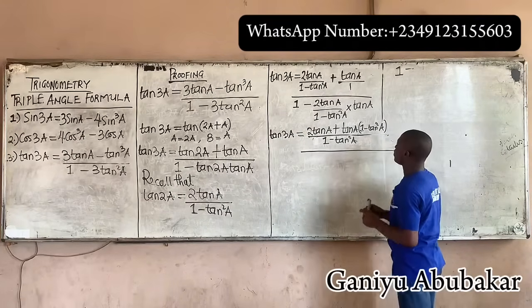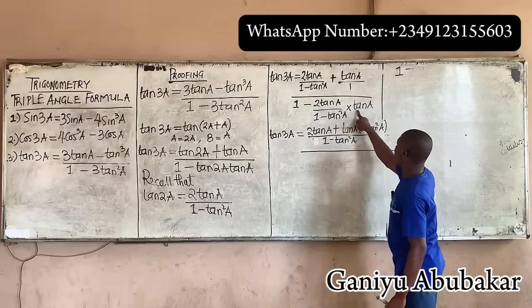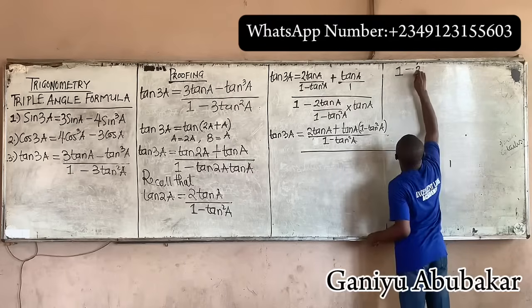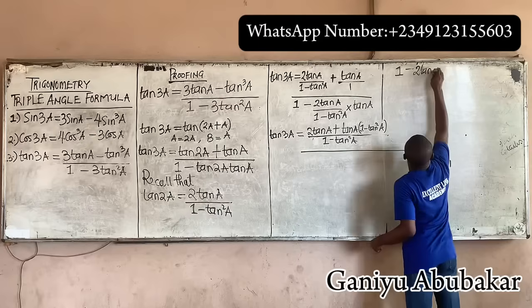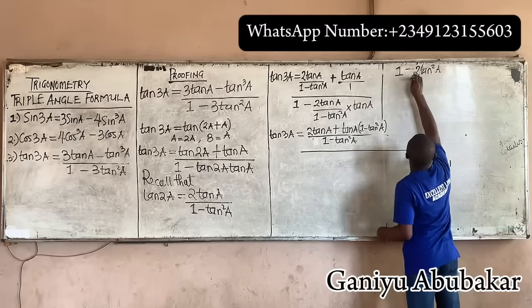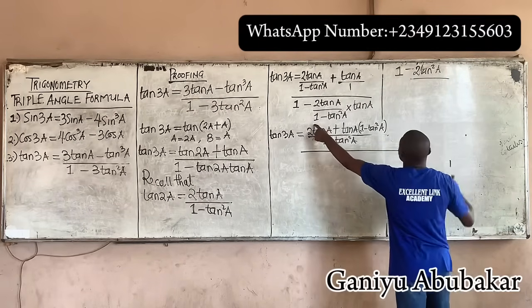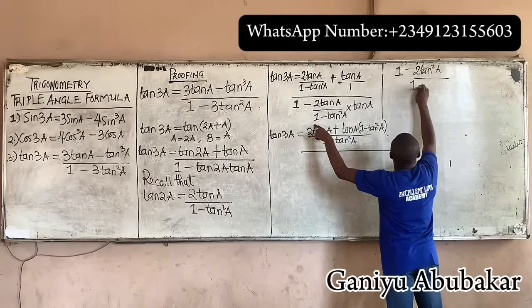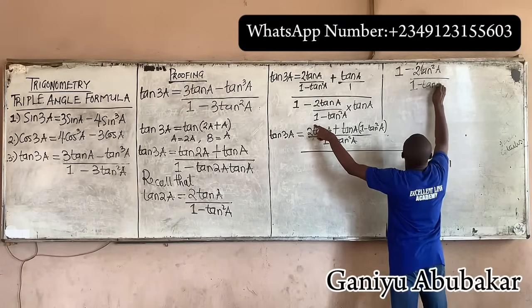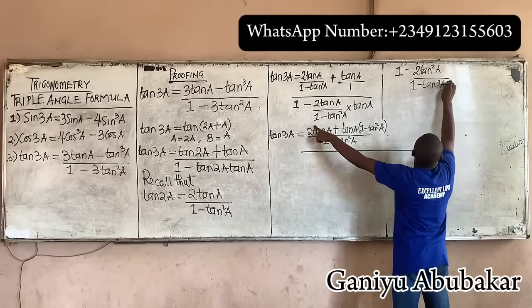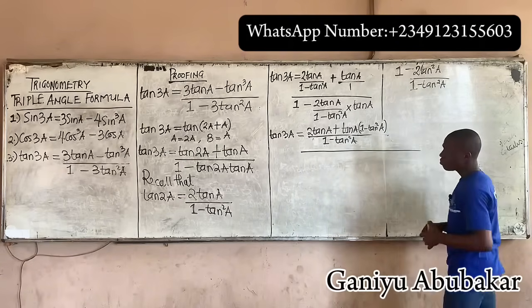Minus. Observe, please. Combine 2 tan a with tan a. That becomes 2 tan squared a all over this here. That's 1 minus tan squared a, as you can see, right?